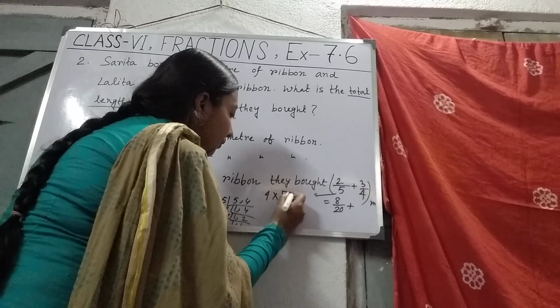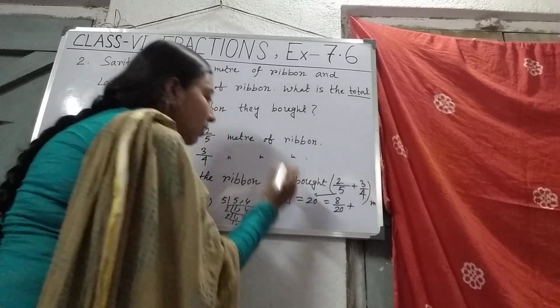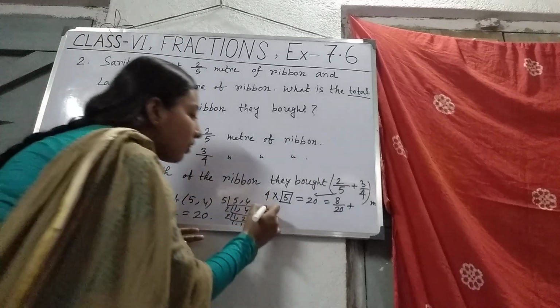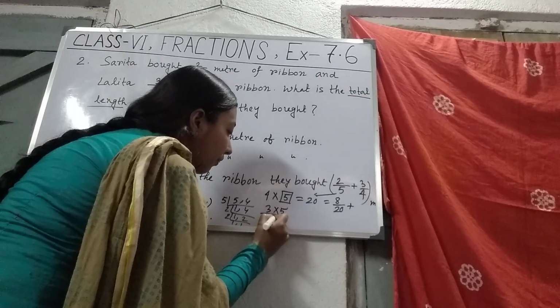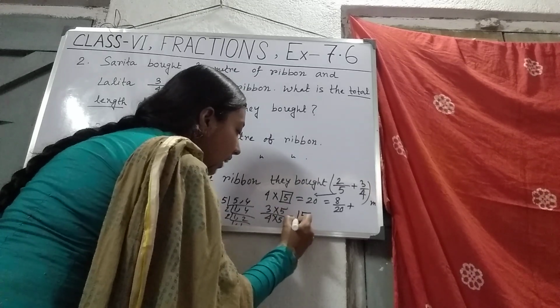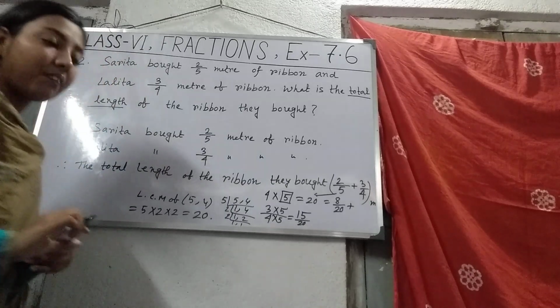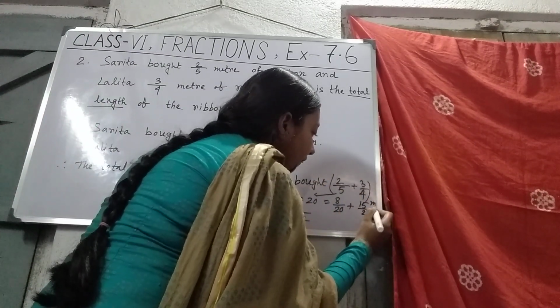So which number should we have to take so as to get 20? 4 5s are 20. So the number will be 5. So in numerator and denominator of 3 upon 4, you have to multiply it by 5. So 5 3s are 15 and 5 4s are 20. That means 15 upon 20. 15 upon 20 meter. Okay.